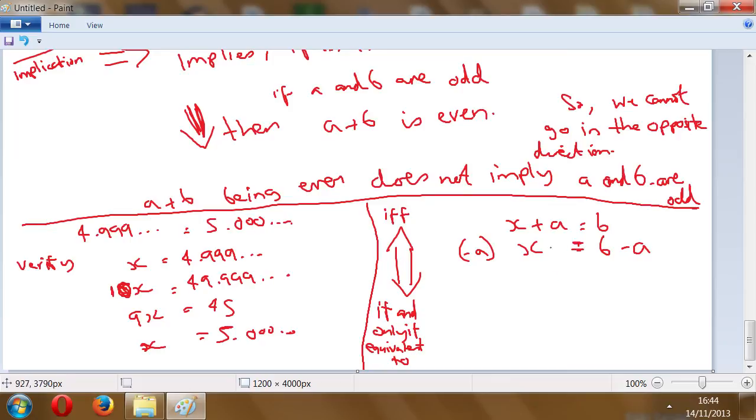These two statements have a double-headed arrow between them, because we went from this one to this one, and if we add the a again, we get x plus a equals b. So we went from this one to this one, which makes it a double arrow.